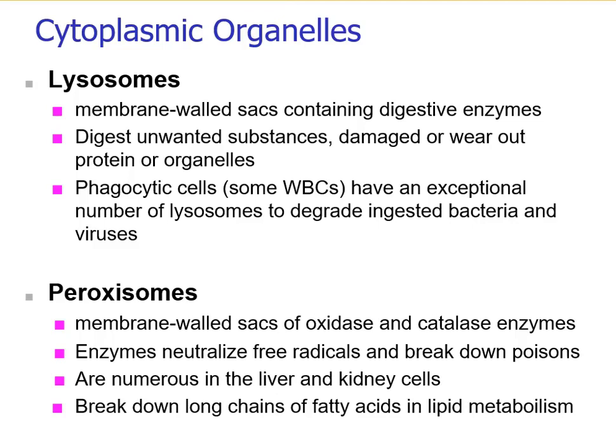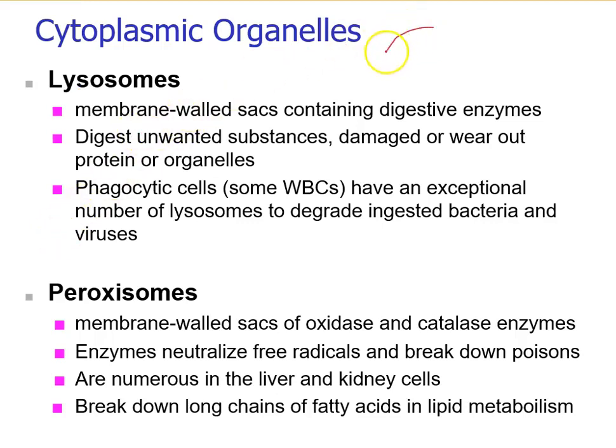Then let's continue with the other organelles, which are membrane bound and found in the cell, and they have very important functions as well. Imagine lysosomes as small sacs filled with a special set of digestive enzymes inside. They digest unwanted stuff like old or damaged parts of the cell, worn out proteins, and other materials that need recycling.